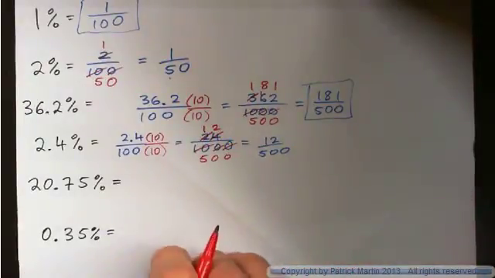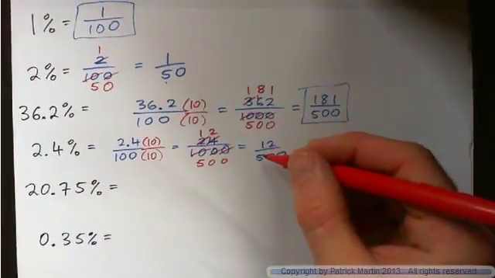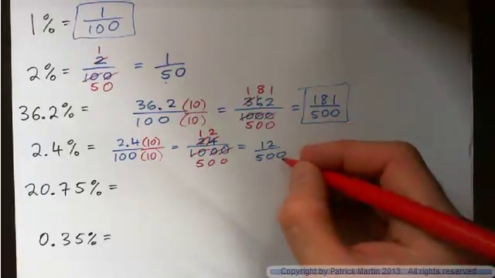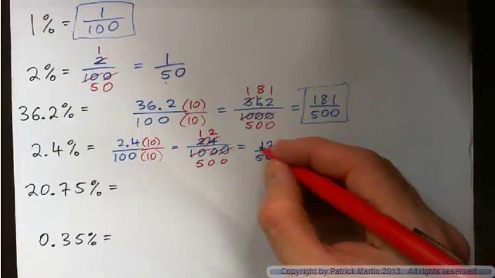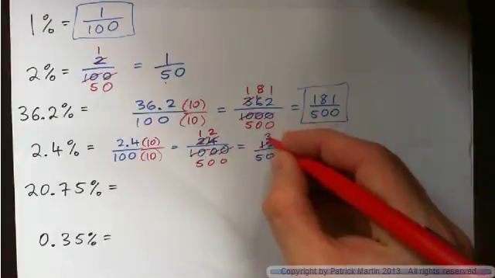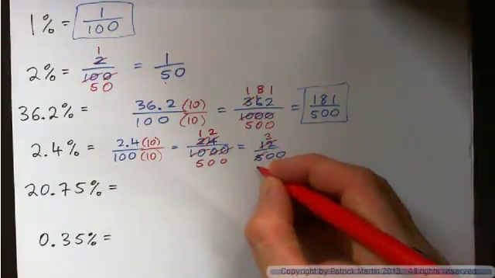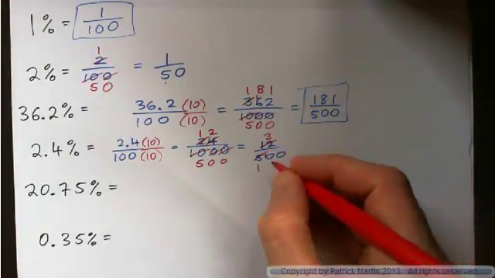Now, can you simplify that even further? You know, they're both even numbers, so 2 will go into the top and bottom. But I know 4 goes into 12, and I bet you 4 goes into 500 as well. So 4 into 12 goes 3 times. 4 into 5 goes once, remainder 1.